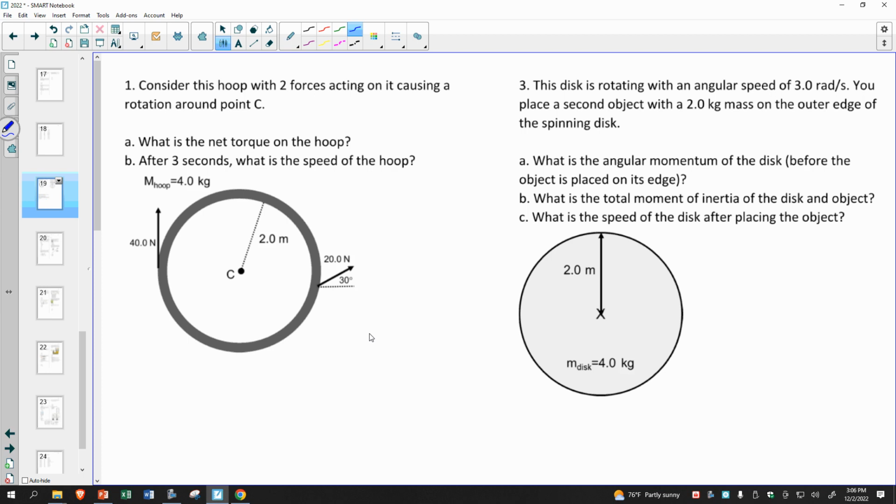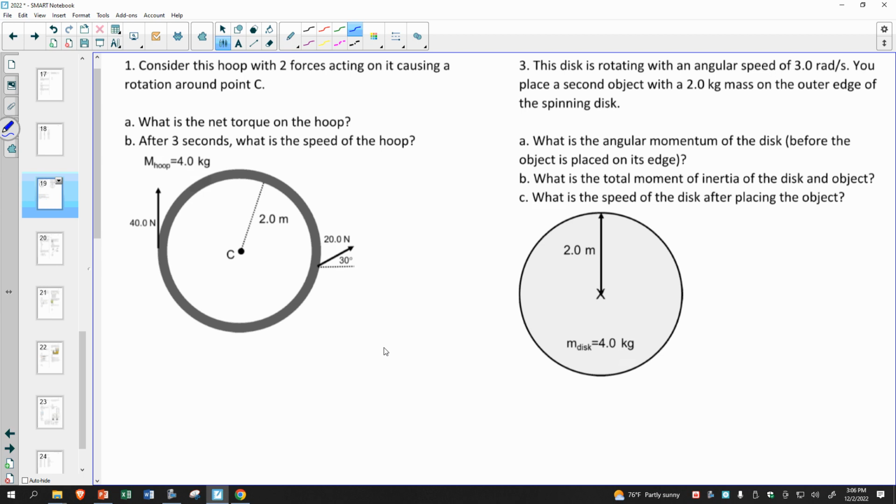For number 1, you know how for the other problems we have to consider the direction the force is going. Does that matter on these? Like giving you a positive and negative? Yeah, of course. It does matter when you're finding the net torque that you know the sign of the torque. On this one, if you didn't get the signs right, you would have gotten it wrong.